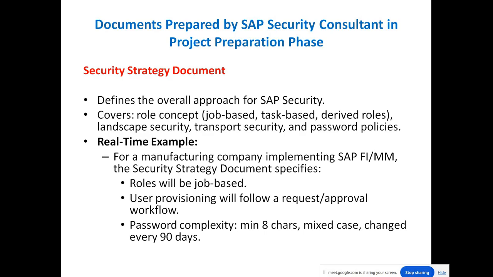Only then can they do this transaction. That is called workflow. Password complexity: minimum 8 characters, mixed case, alphabetic and numeric, alphanumeric like that. Changed every 90 days, or 30 days, or 60 days. You need to define this in the security strategy document. We are going to prepare this document.